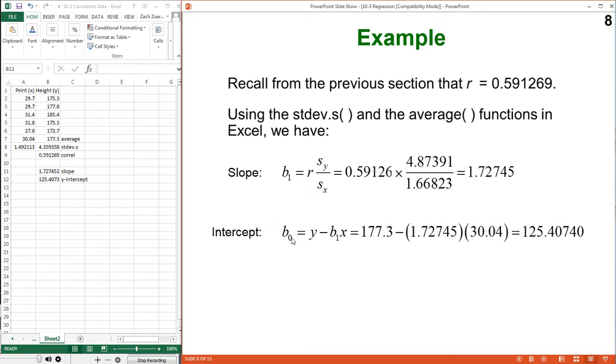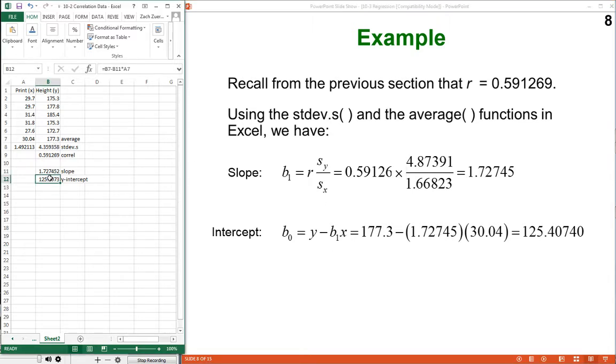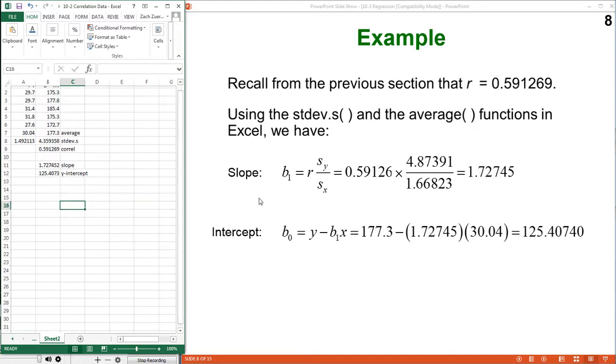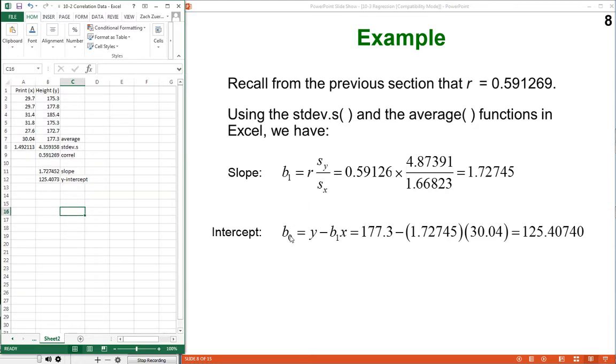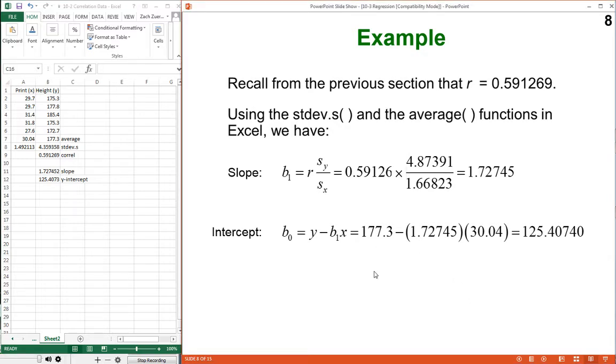And then for the y-intercept, you get the 177.3 minus, you can see that's the equation we have right here, minus the slope, which is b1, times the average x value, it's 125.4. So what we have here is the slope and the intercept for the regression line.